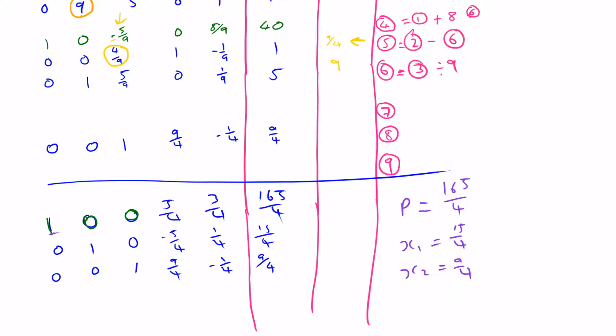So you can see P is 165 over 4, x1 is 15 over 4, x2 is 9 over 4.